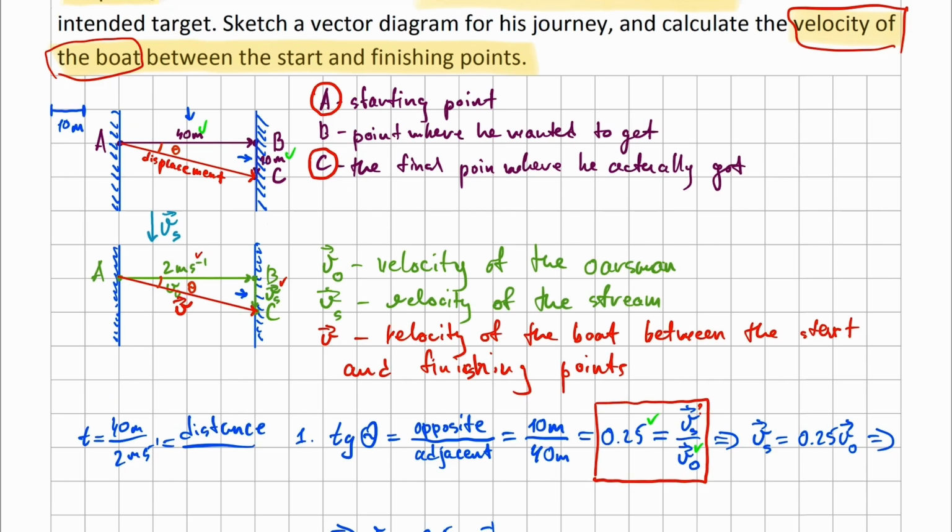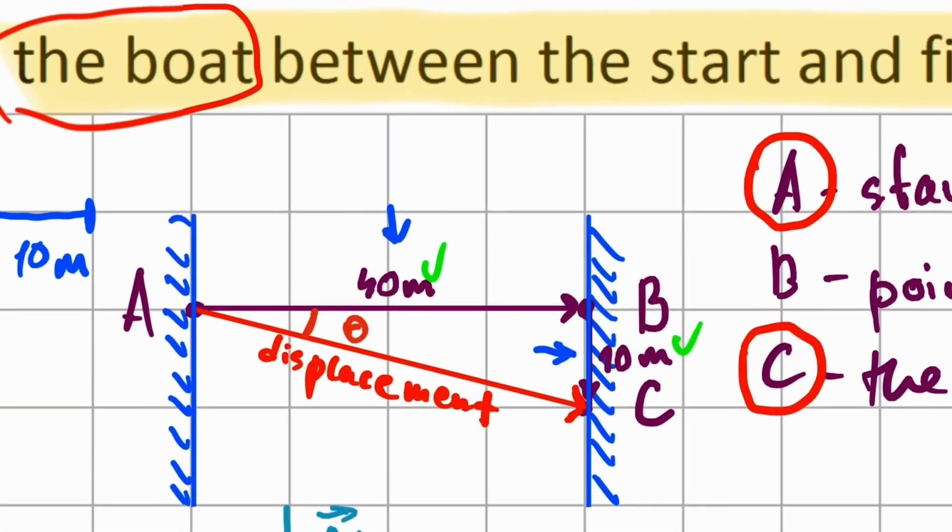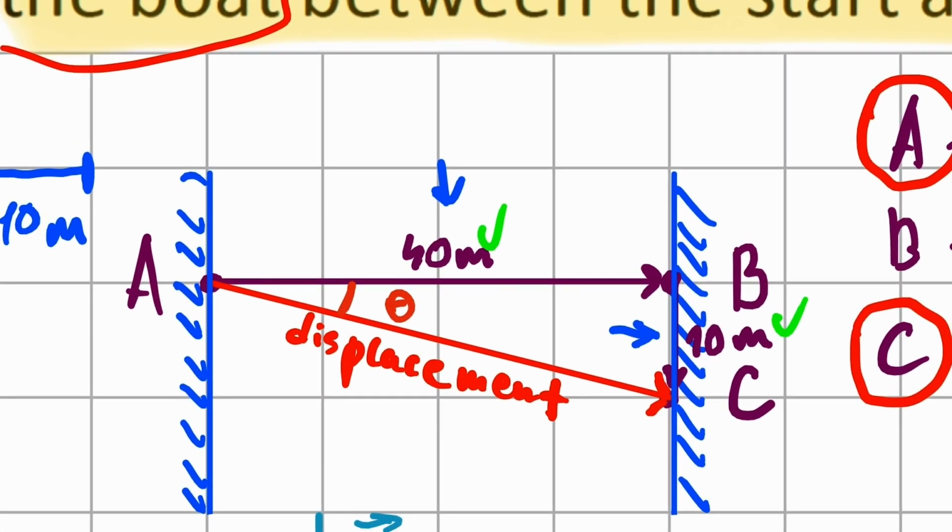Because to find the time we need to divide the distance by the speed. And distance, guys, is the length of the trajectory. If you take a look at this diagram, 40 meters is not the distance that he traveled.